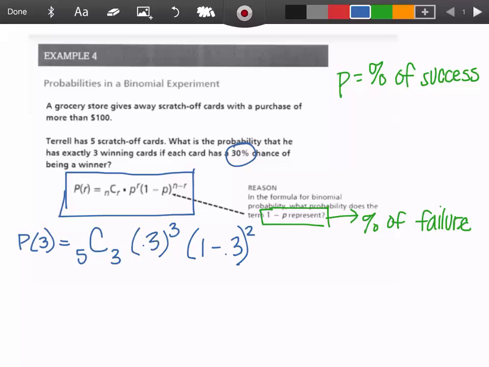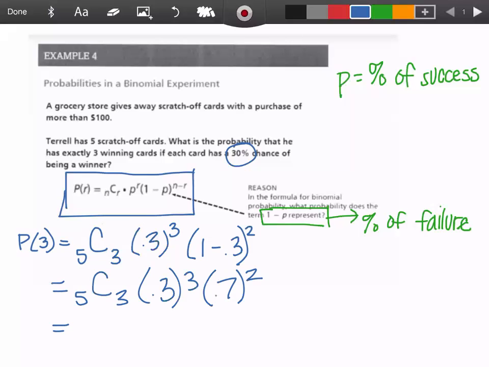All right, so then we have 5 combination 3, times 0.3 to the 3rd, times 1 minus 0.3, that's 0.7 squared. And all of this we can enter into our calculators. You know how to enter in combinations, and you know how to enter in a number raised to an exponent.